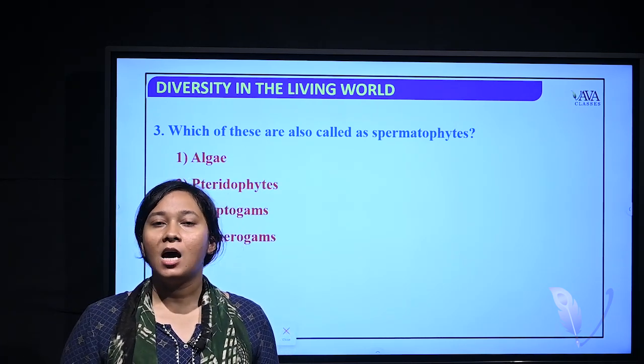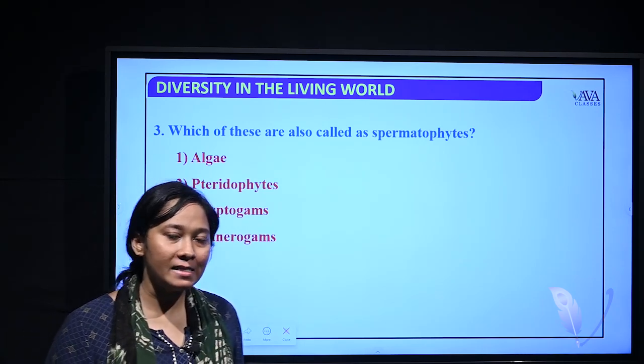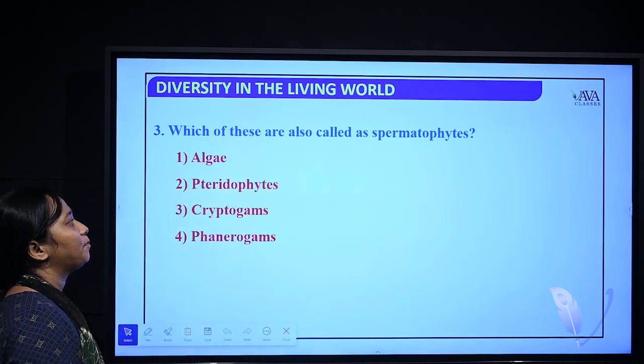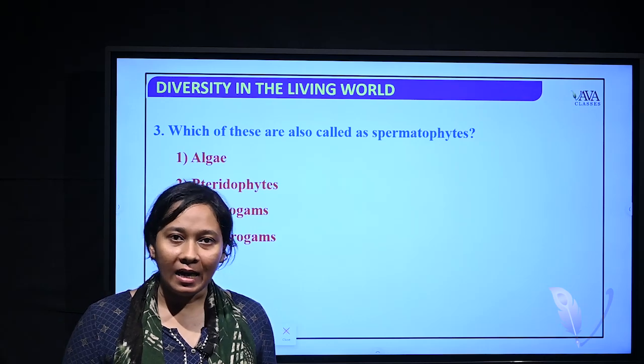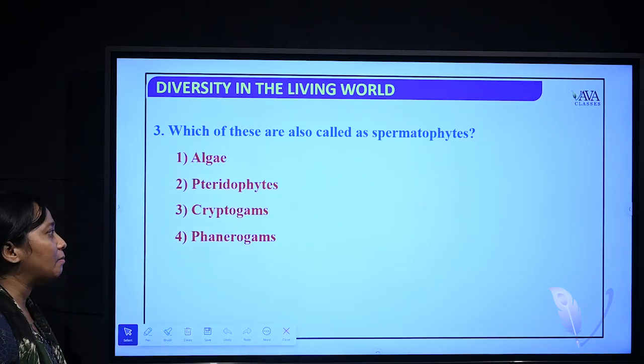Which of these are also called spermatophytes? Spermatophytes means they are seed bearing plants. Options: algae, pteridophytes, cryptogams, phanerogams.